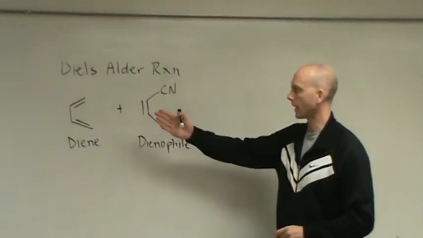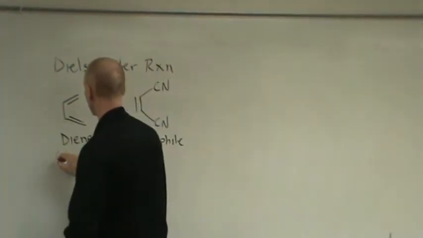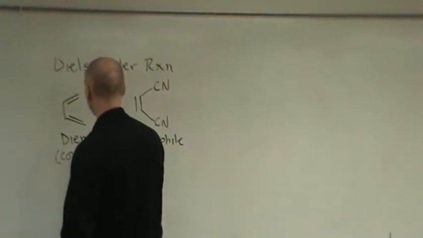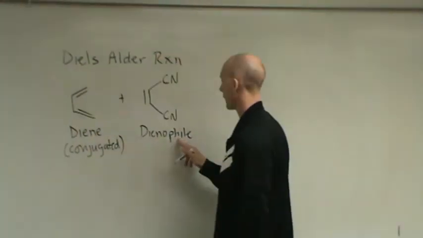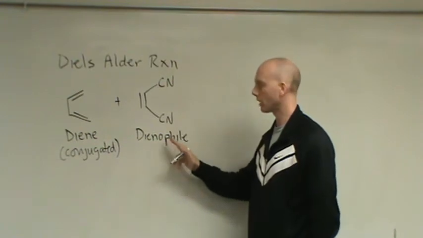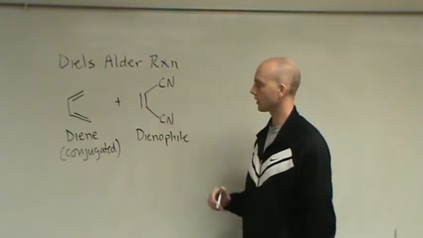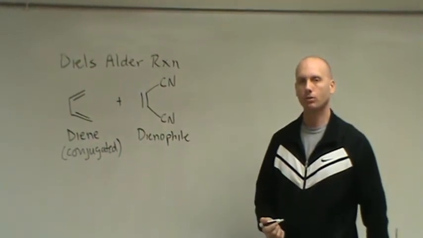Okay? So we have the diene, two double bonds that are conjugated. In the dienophile, why is it called that? Because it loves the diene, the phile. So the two are going to react with each other.